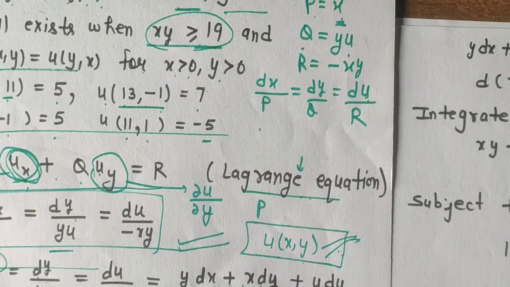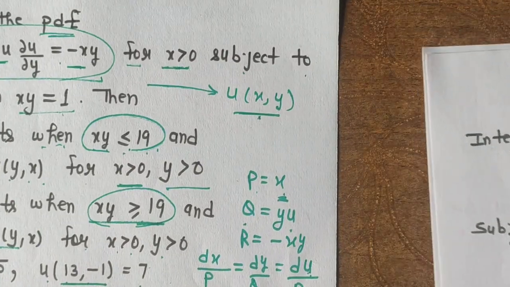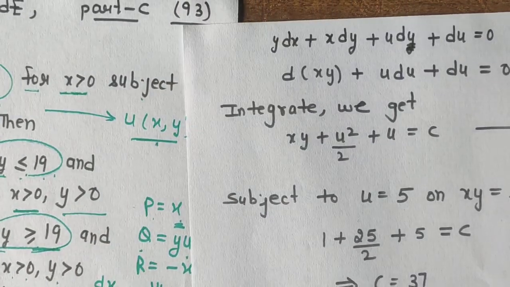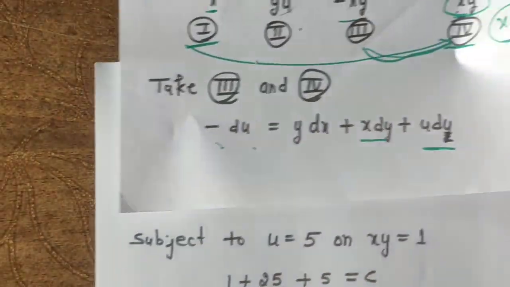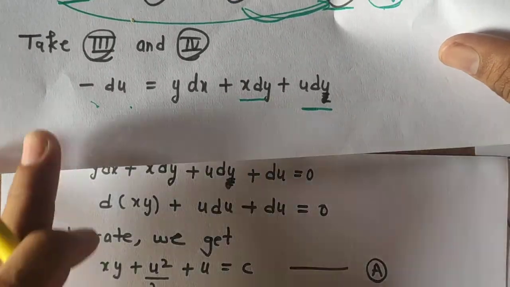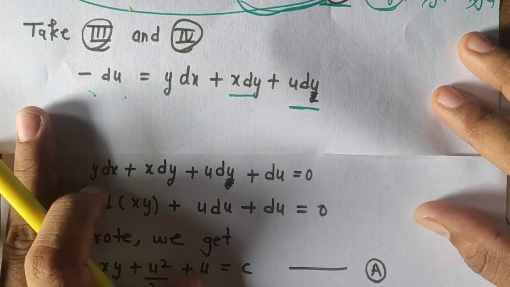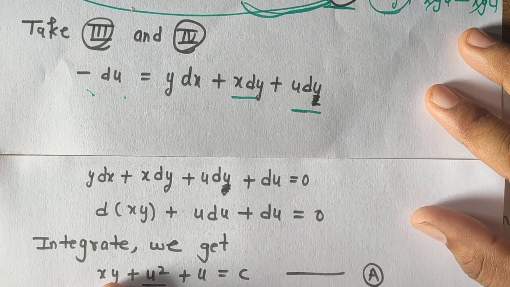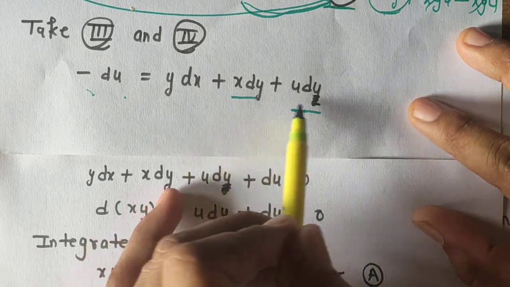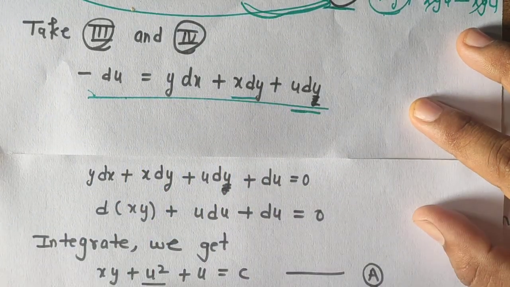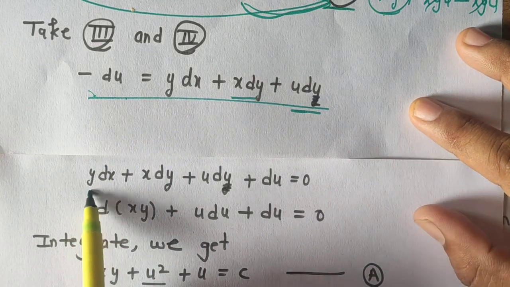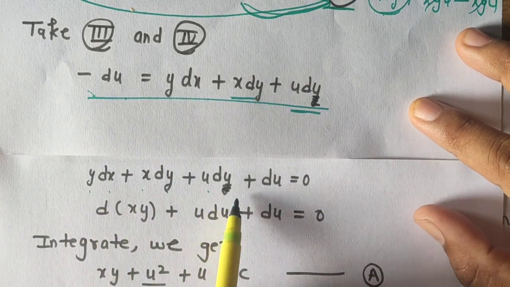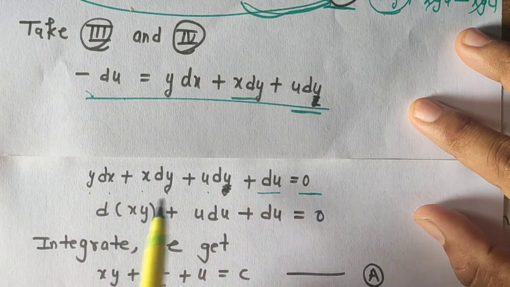We can integrate this. If all terms are on one side, then this becomes y dx plus x dy plus u du plus du equal to 0.